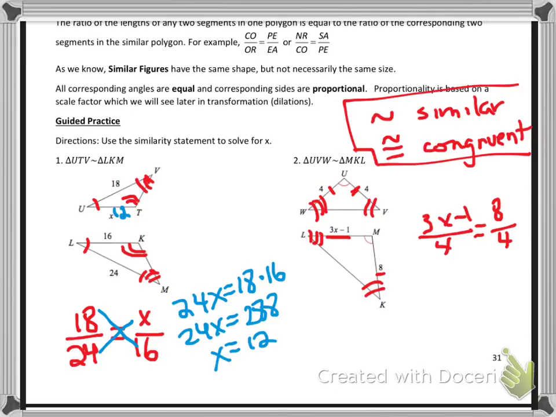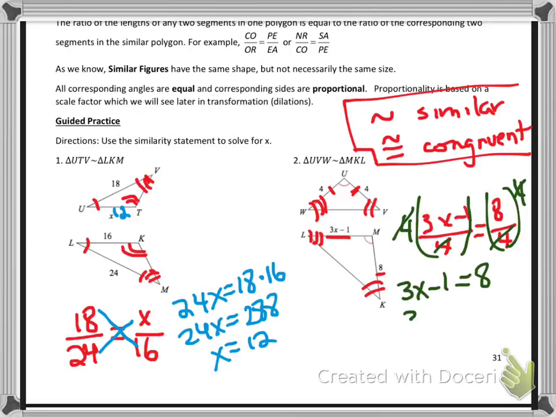But we also see that there's a 4 in the denominator of both sides. So I can simply multiply both sides of the equation by 4, and that's going to cancel out with the denominator. So I have 3x minus 1 equals 8, which I said I could have done from the very beginning. I'm going to move the 1 over and say 3x equals 9, and then I'm going to divide by 3, and I get x equals 3.